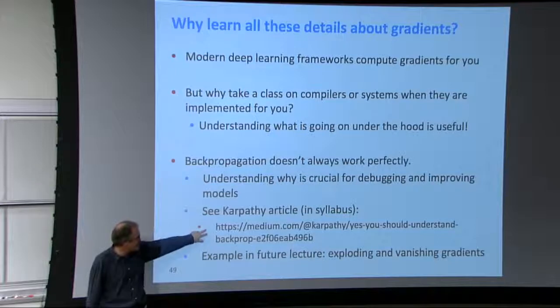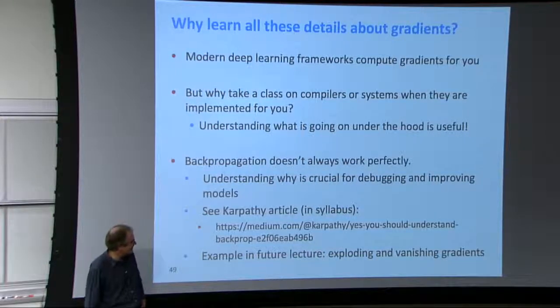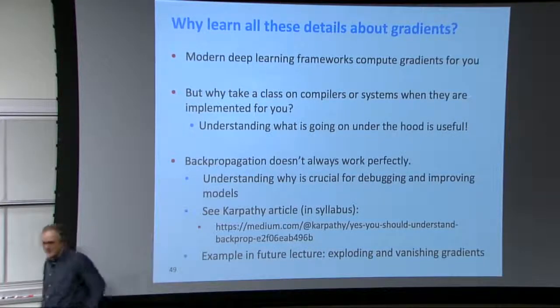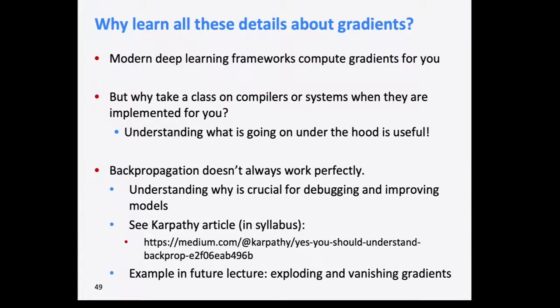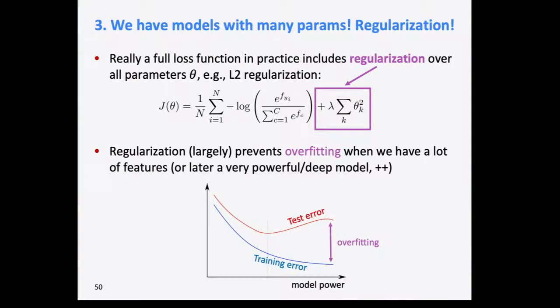There's a nice Medium piece by Andrej Karpathy, Yes, You Should Understand Backprop, that's on the syllabus page that talks about this. Indeed, week after next, Abby is going to lecture about recurrent neural networks, and one of the places where you can easily fail in doing backpropagation turns up there, which is a good example.